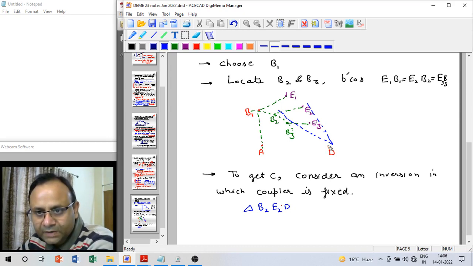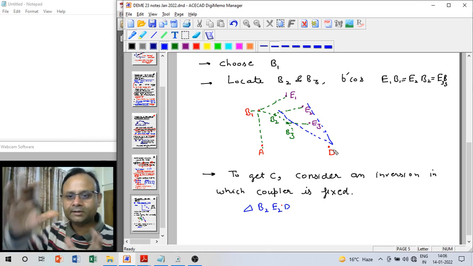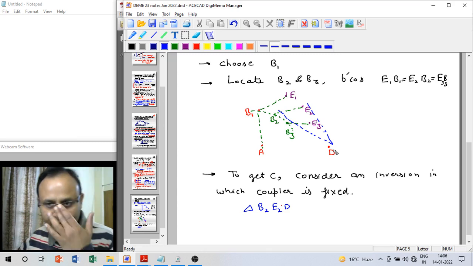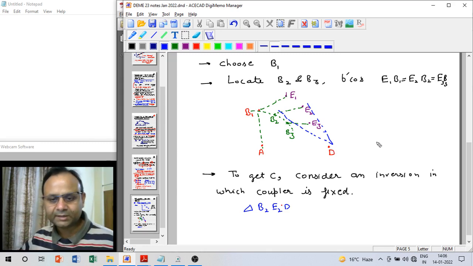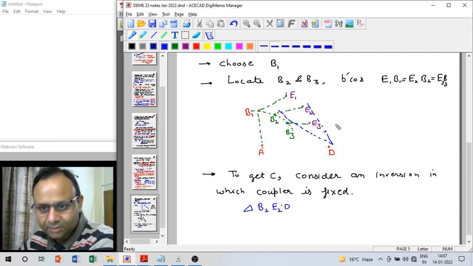And when we consider the kinematic inversion, then in position 2, this B2E2D triangle may be oriented in a different way, but it will still be a similar figure, because kinematic inversion does not change the relative position of the things. It rotates the whole thing this way or that way. That's all it does.